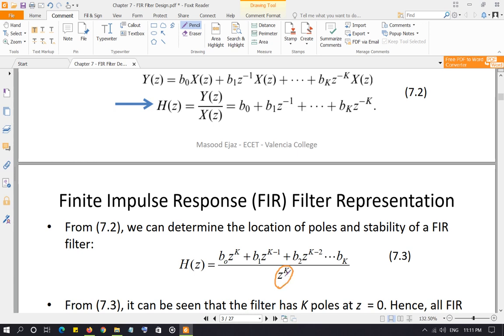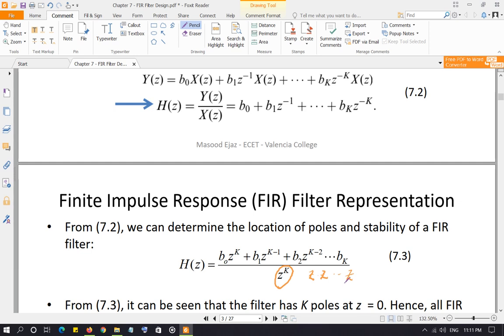So this equation has k poles. Z times Z times Z, all the way, multiplying k values of Z, and each of them, of course, represents a pole at Z equal to 0. So you have k poles at Z equal to 0, which is inside the unit circle.